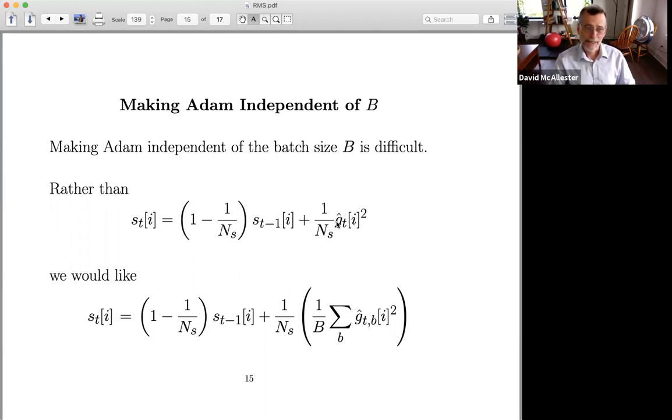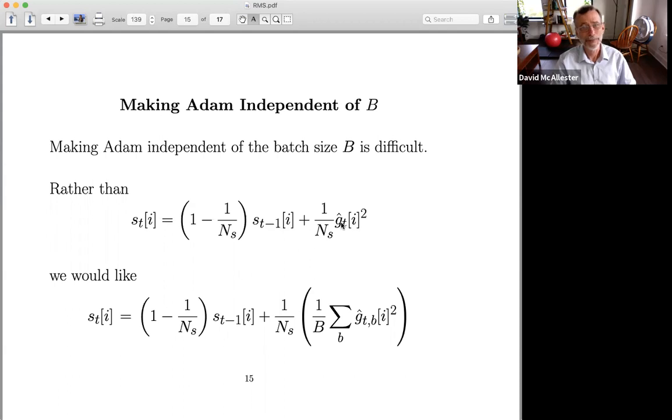Now this thing, G hat in PyTorch, is defined to be the average over the batch of the gradient estimate. And if you take the square of the average, that's not the same as taking the average of the square. If the average is large enough, you're going to get almost exactly the mean.